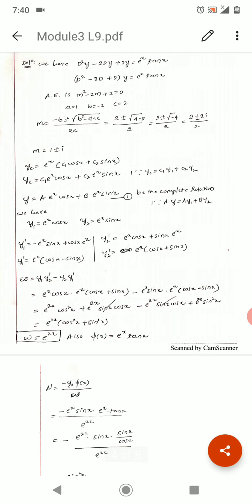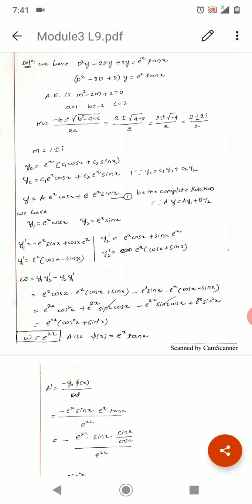So yeah, we have y1 is equal to e power x cos x and y2 is equal to e power x sin x. Therefore y1 dash becomes, so e power x into cos x, this is the product of two functions. So we have to use product rule. So first function is e power x and second function is cos x.